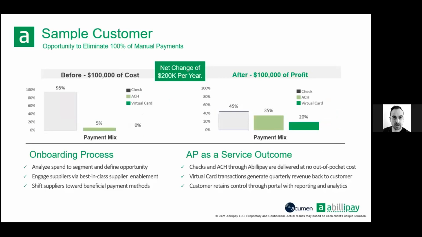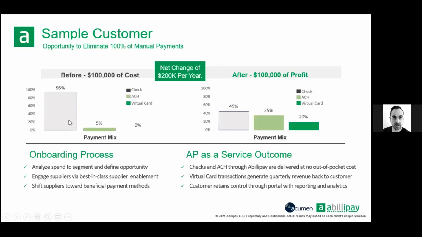This is kind of just a snapshot. I don't know the size of everyone's company on the call today. You could be very large or very small. I really have no idea. But what I can tell you is this is a sample of how a typical company might be 95+% check, maybe a small amount ACH, and then little or virtually no card spend.